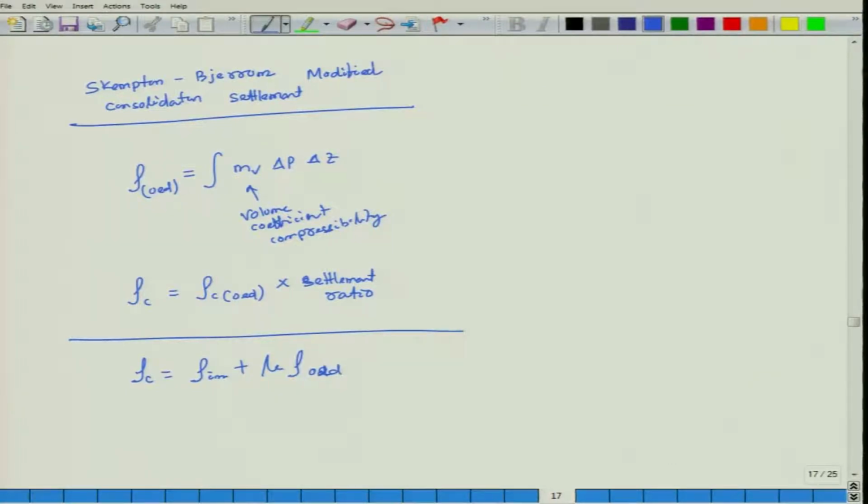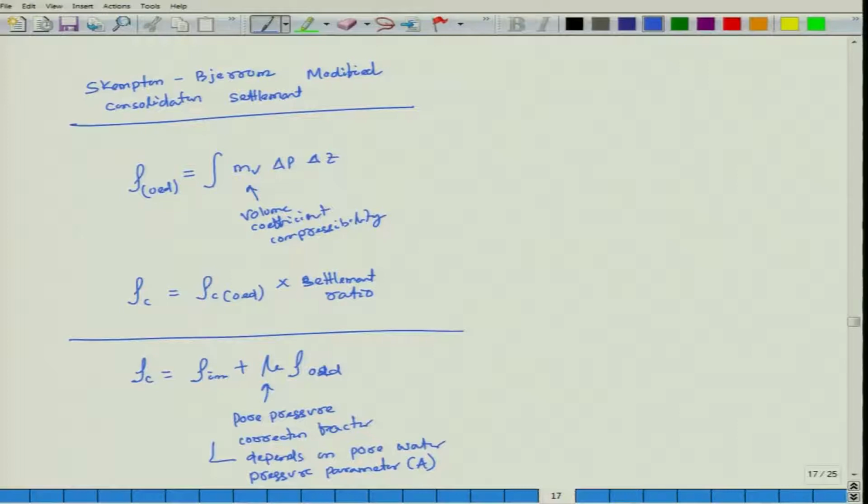Mu is called the pore pressure correction factor, and it depends upon your pore pressure parameter A. So, they have given graphical values also, from there you can take it.